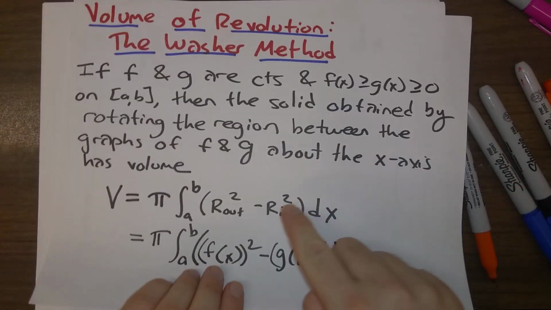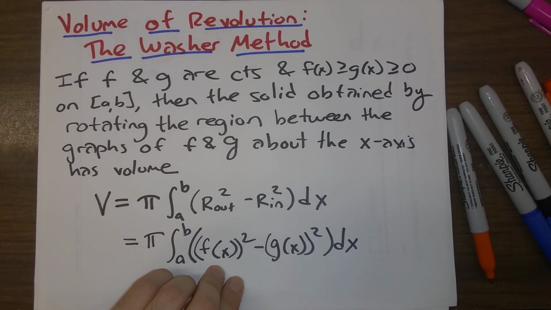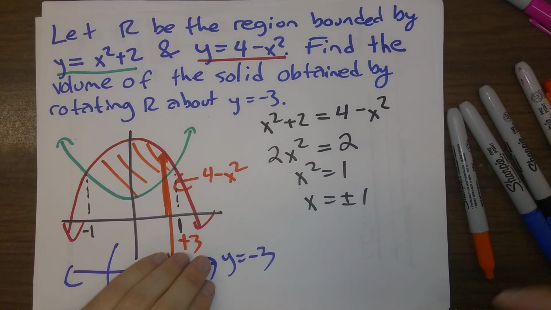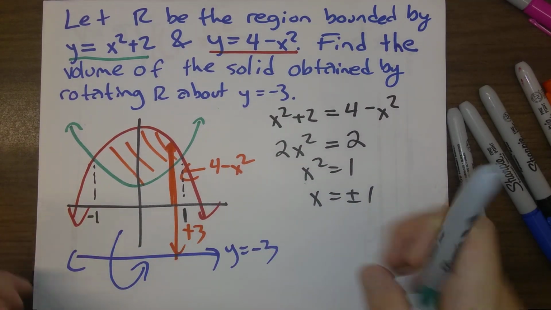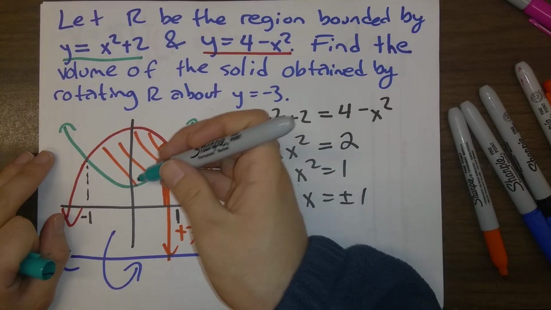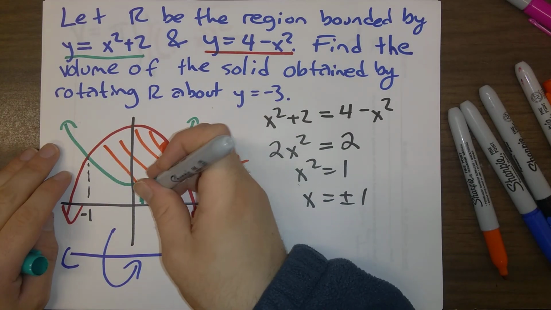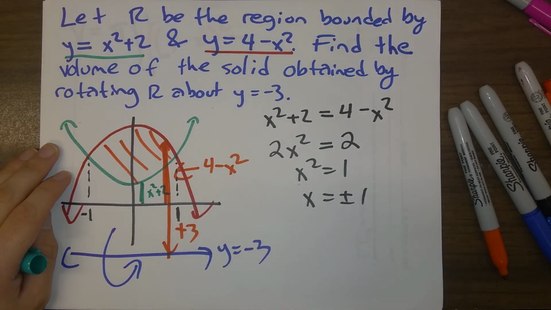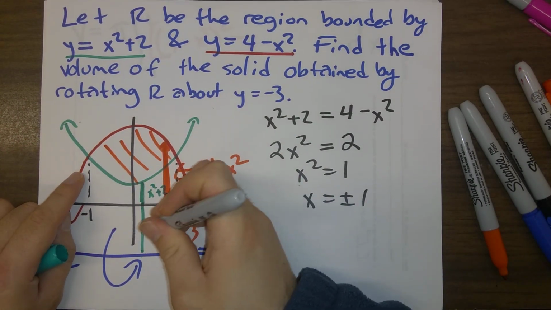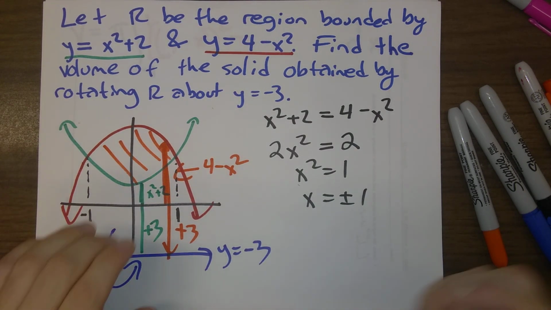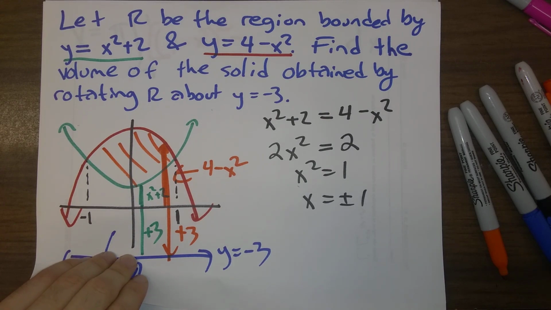Now we have to figure out the inner radius and subtract off the square of the inner radius. That goes in very much the same way. That distance is going to be x squared plus 2, but we also have to add on 3 more in order to get all the way down to y is equal to minus 3.